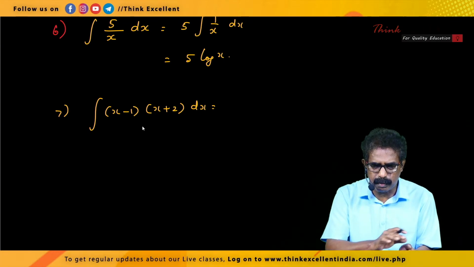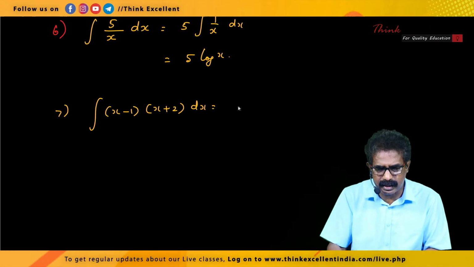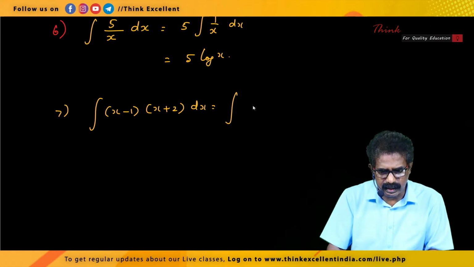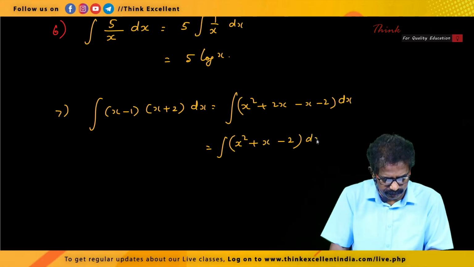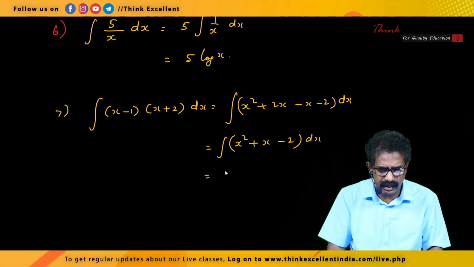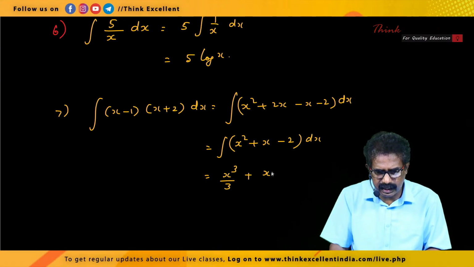It's a polynomial function, so just expand it term by term. x into x, x square, x into 2, 2x, minus 1 into x, minus x, minus 2. That is integral x square plus x, like terms, minus 2 of dx. So now we know the answer. X square integration x cube by 3, plus x integration x square by 2, minus 2 integration 2x, plus c, right?